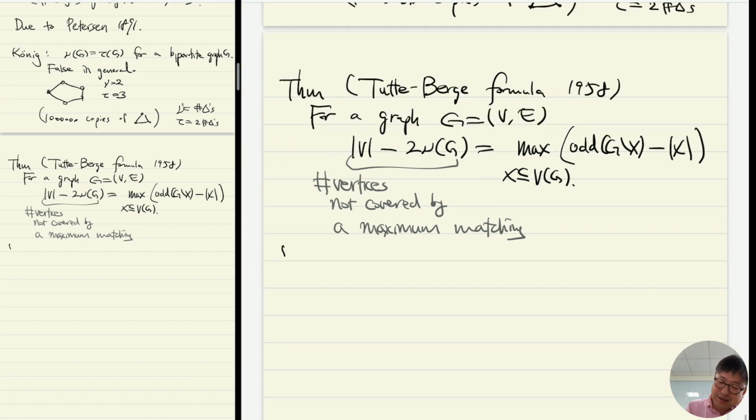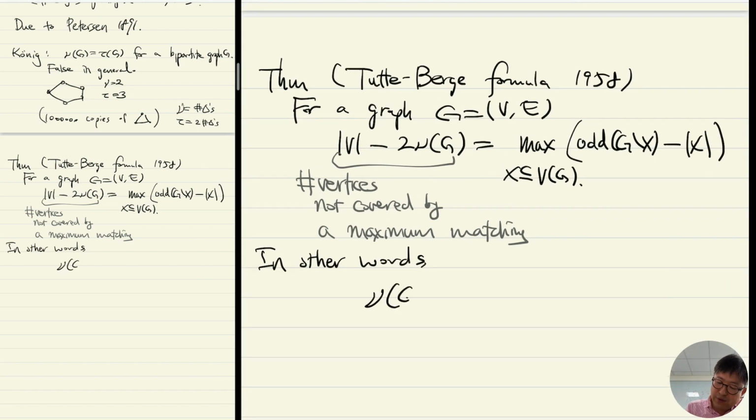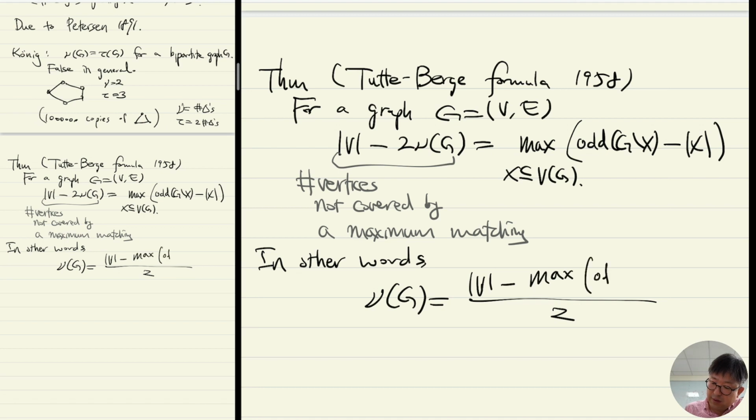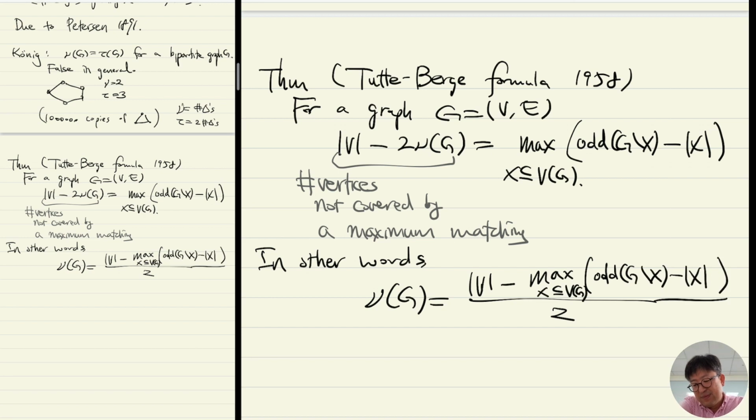So in other words, we can write a formula in terms of nu, right? So twice nu is the number of vertices minus the maximum of the number of odd components minus X. Okay, so that's the formula.